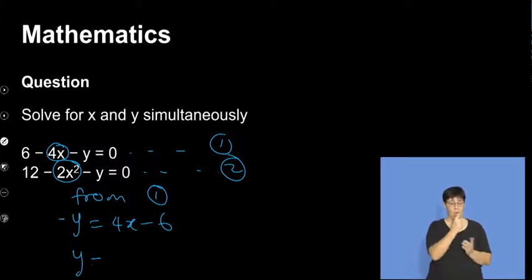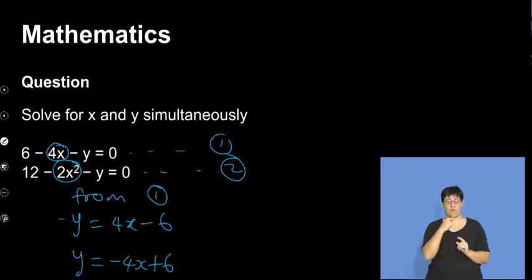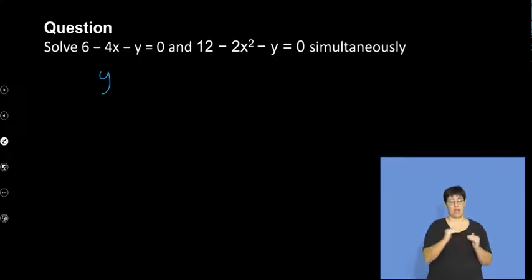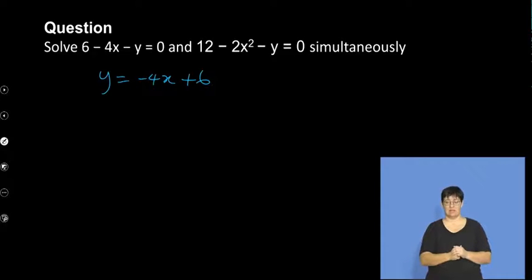Then y must always be positive, which is minus 4x plus 6. This is then my equation 3, which I'm going to write here for you: y equals negative 4x plus 6.